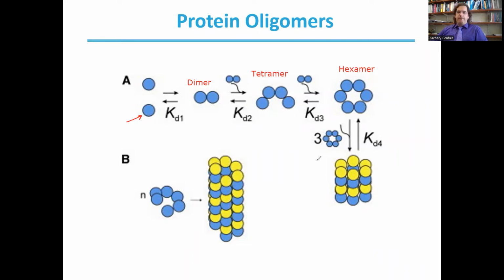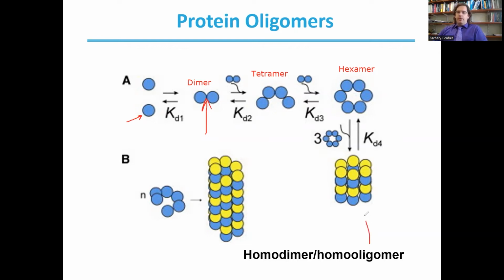Now, in addition to naming how many of our units we have in these different oligomers, we can also name our oligomers based on what kinds of proteins they have. Specifically here we have a homodimer or homo-oligomer. The homodimer would be this case right here, where we have a dimer of 2 of the same protein molecules.